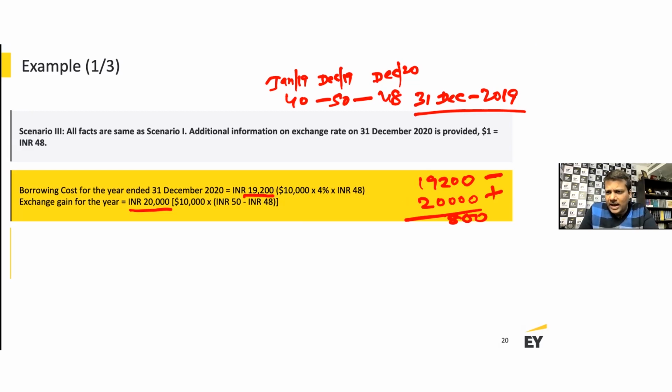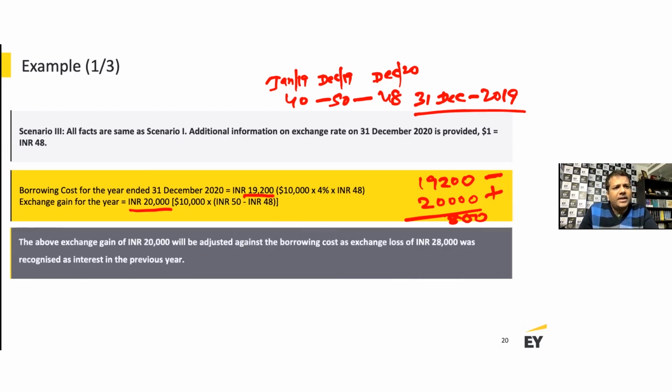But let's look at it from an accounting perspective. Remember, we had a huge loss in year one, in that example, and we couldn't capitalize the entire exchange loss. So the above exchange gain of 20,000 will be adjusted against the borrowing cost, as exchange loss of INR 28,000 was recognized as interest in the previous year.